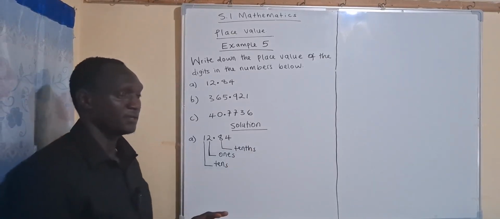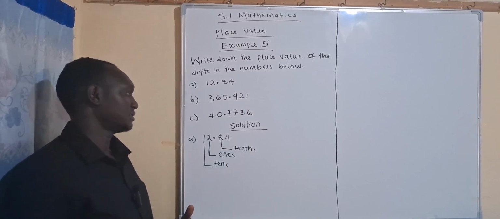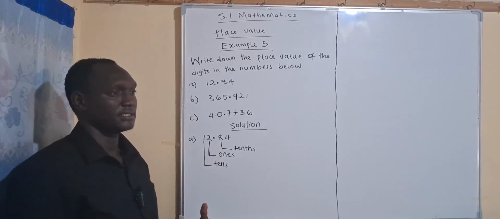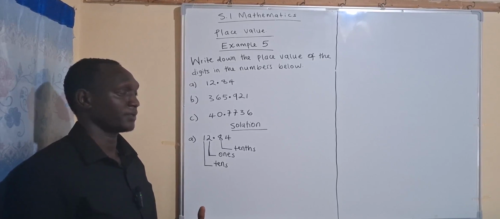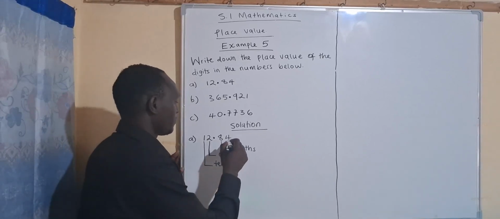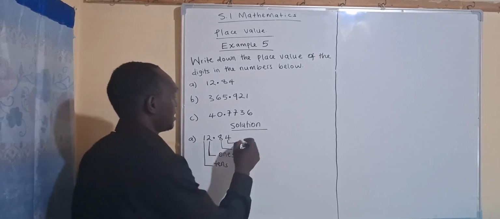That is the place value for 8. It is tenths, which means it is fractional and it was divided by 10. And then for 4, its place value becomes hundredths.